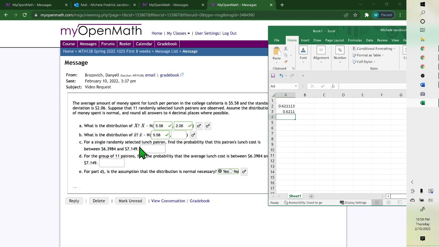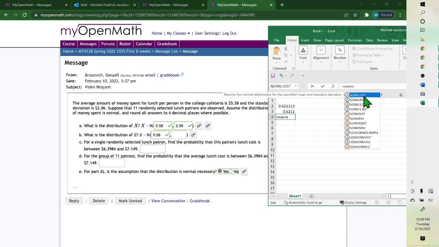For a single randomly selected lunch patron, find the probability that it is between these two values. Now this is single, so it's going to use the values from A for the mean and the standard deviation. So we go equals norm, and it's going to be the first one.